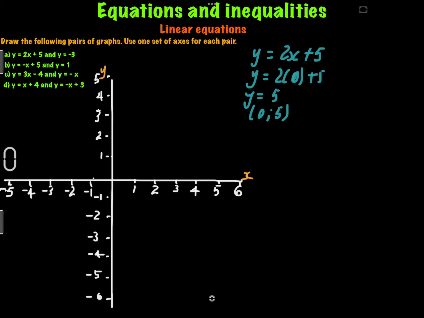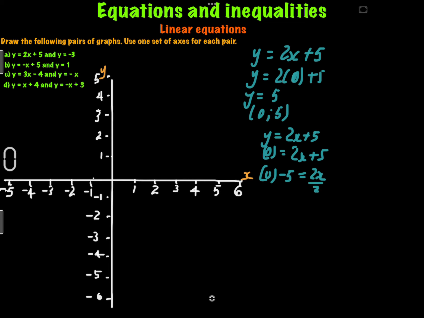Furthermore, with y equals 2x plus 5, this time I want to make y 0. So we have 0 equals 2x plus 5. Substituting, we have 0 minus 5, because the positive 5 moves over the equal sign and becomes negative 5. So all you remain with is 2x.